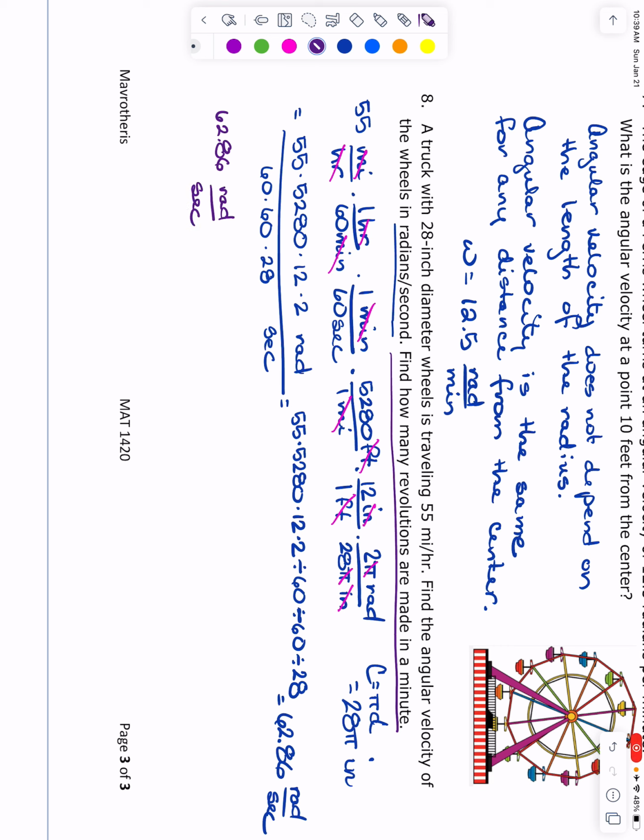radians per second. I want revolutions per minute, so I got 60 seconds over 1 minute. Seconds cancel. I now have radians per minute. I want revolutions. I know 1 revolution is 2 pi radians.